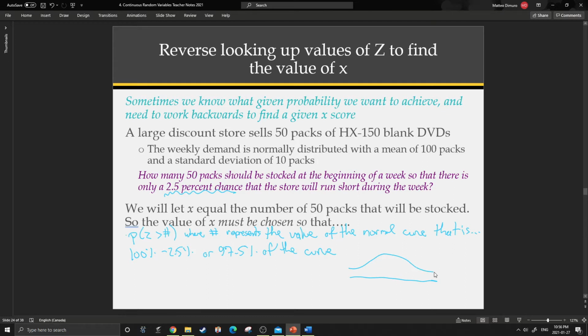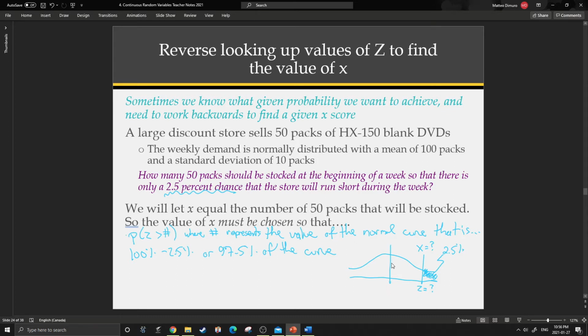Wonderful. So here's my normal distribution. Here's the 50% line. Now we only want there to be a 2.5% chance that we run out of DVDs, right? So here's the DVDs. We only want there to be a 2.5% chance that we're going to run out. So basically, we're curious what this z-score is so that we can find the corresponding x, which would be the number of DVDs.